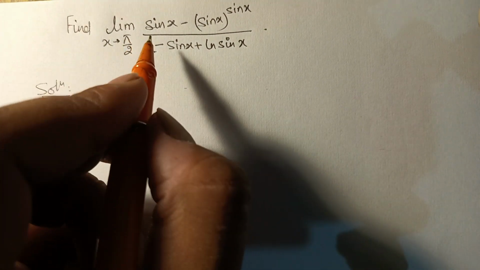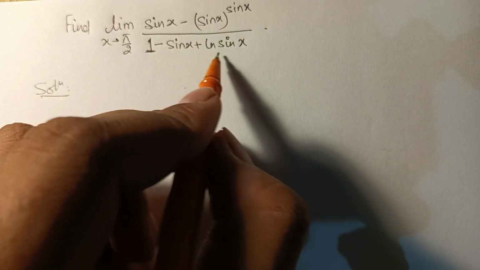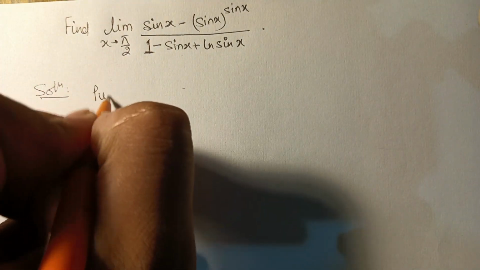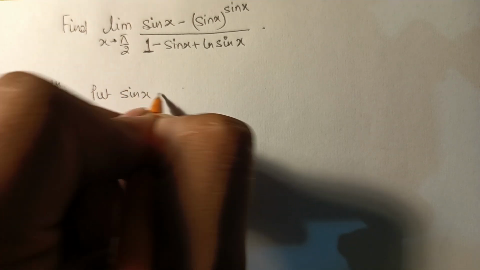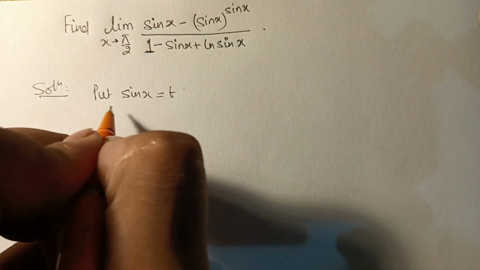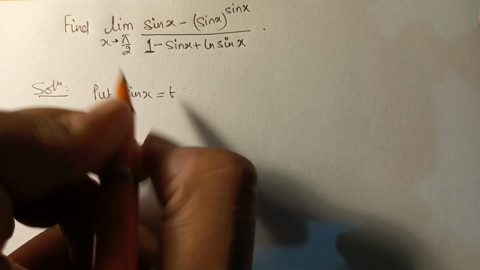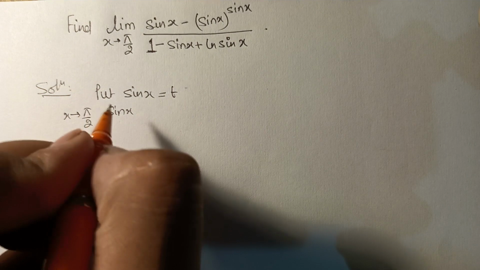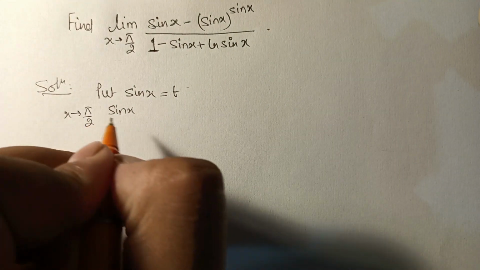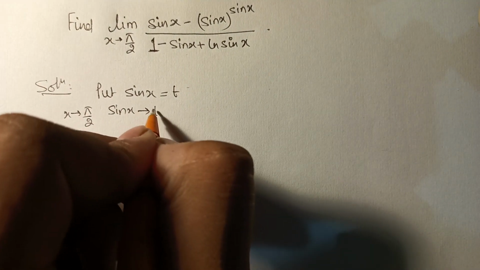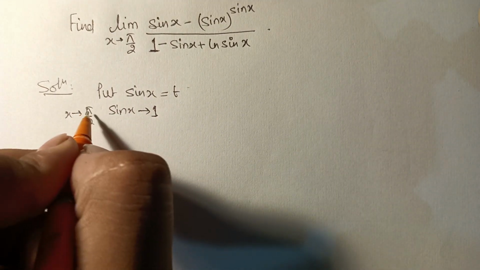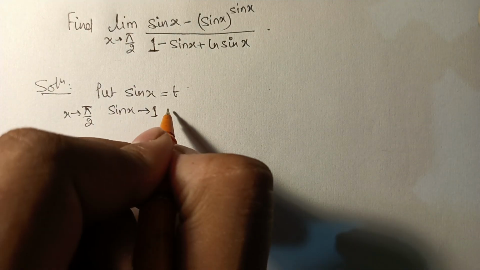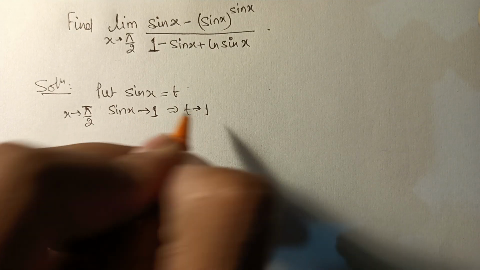So what we can do first, we see that all the terms contain the expression sin x. So we can first substitute sin x equal to t. When x tends to pi by 2, sin x tends to 1, because sin pi by 2 is 1, and hence t tends to 1.